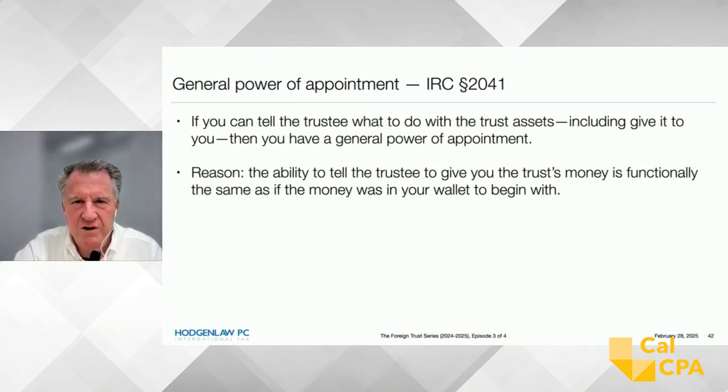General power of appointment in simple language is something hardwired into the trust document that names the person and says, this person has the right to instruct the trustee to do anything with the trust assets, including put the money into that person's own pocket. So the power holder can instruct the trustee to give him or her money. And that's a general power of appointment.